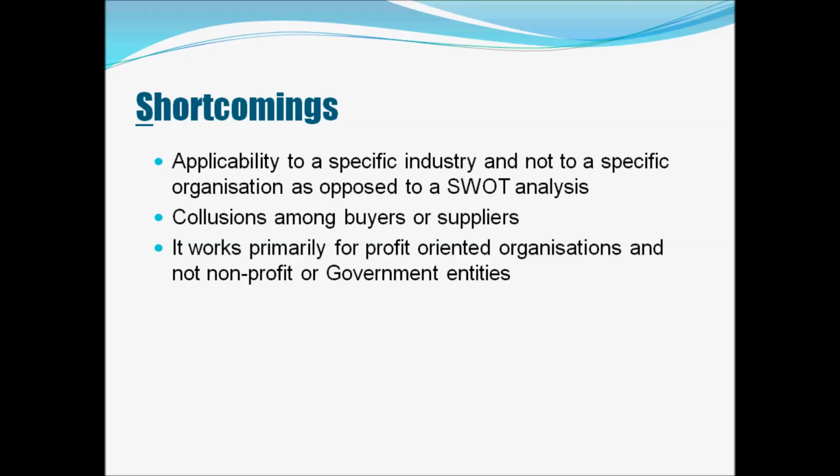It doesn't take any of those factors into consideration, so it can be considered a shortcoming. And the model works primarily for understanding profit-oriented industries and organizations, and does nothing for non-profit organizations or government entities. It is purely for profitable organizations looking for a bottom line result.